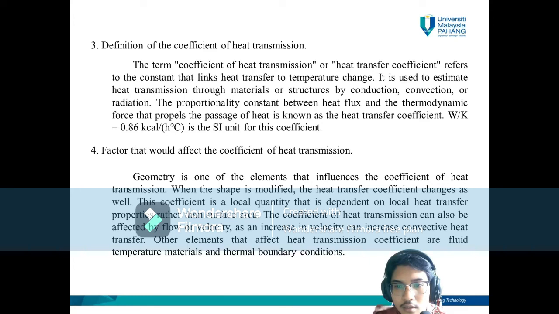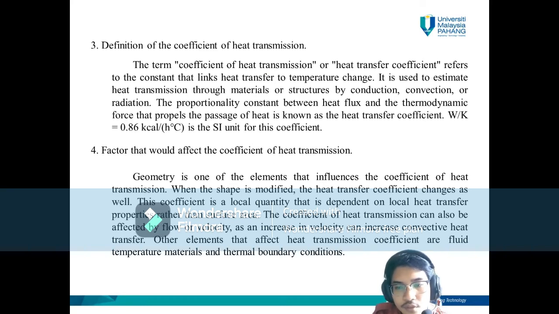The proportionality constant between heat flux and the thermodynamic force that propels the passage of heat is known as the heat transfer coefficient. W over K is the SI unit for this coefficient.